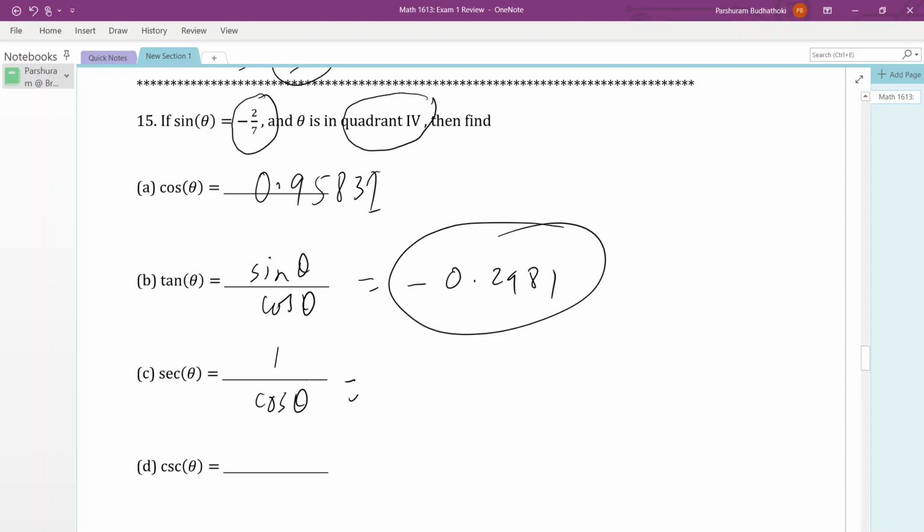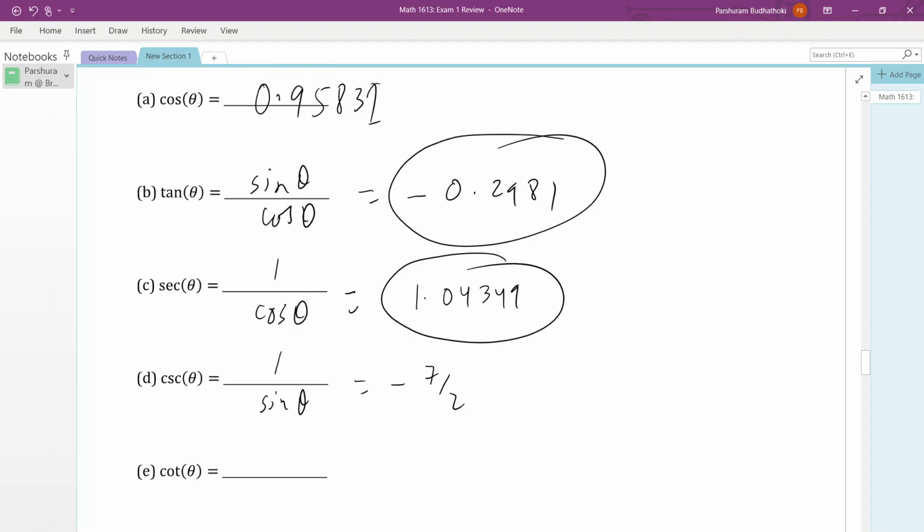That will be 1.043498. Cosecant theta means 1 over sine theta, which is basically the reverse of negative 2 over 7, which is negative 7 over 2, which is negative 3.5.